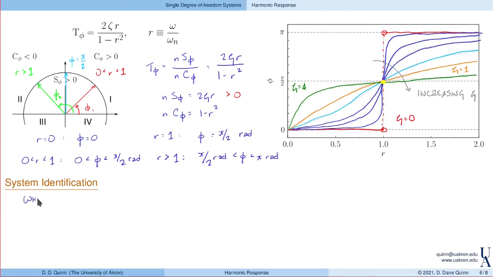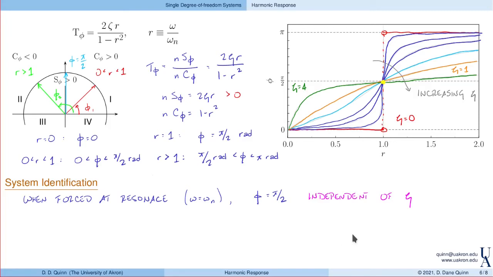So when forced at resonance, and remember that resonance implies that omega is equal to omega n, or r is equal to 1, then the phase shift is equal to pi over 2, and this is independent of the damping ratio, zeta.